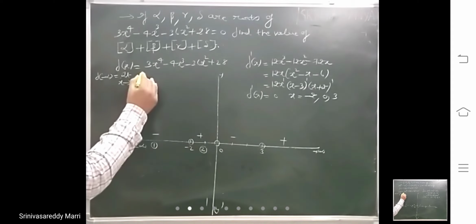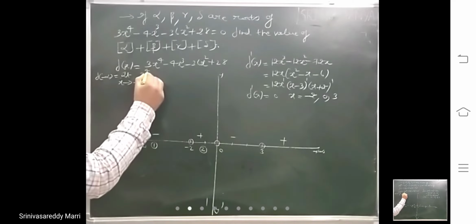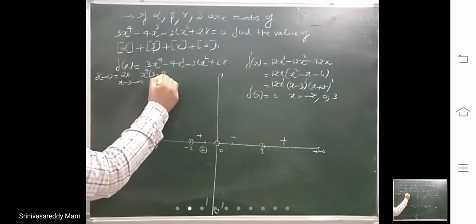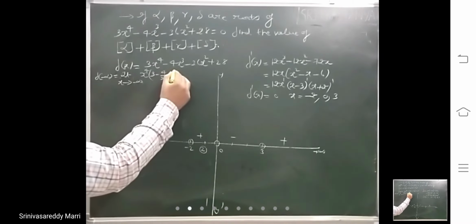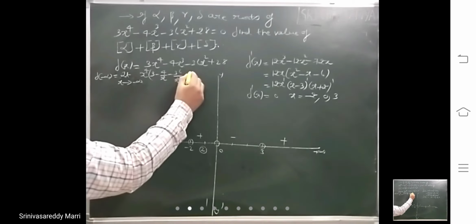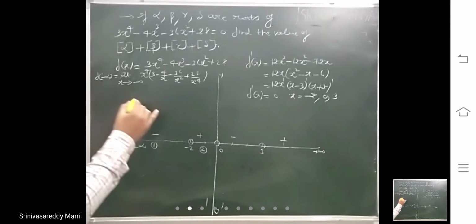That means x power 4 into 3 minus 4 by x minus 36 by x square plus 28 divided by x power 4.